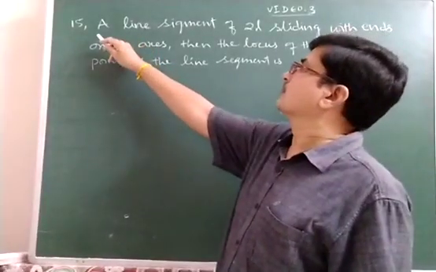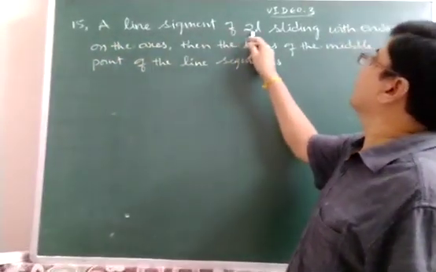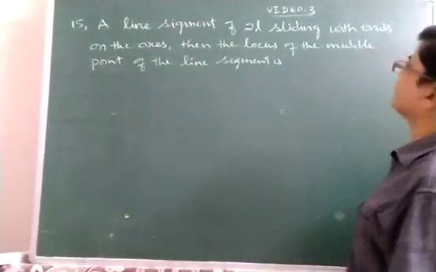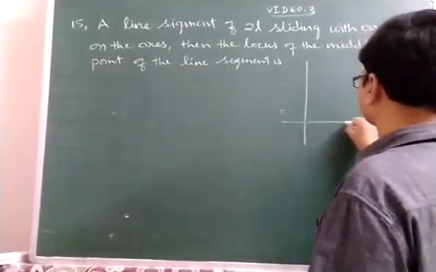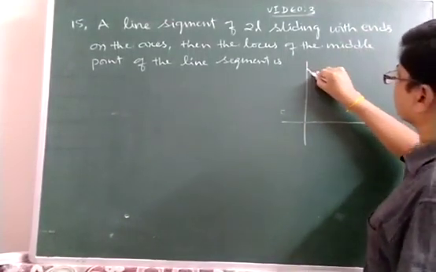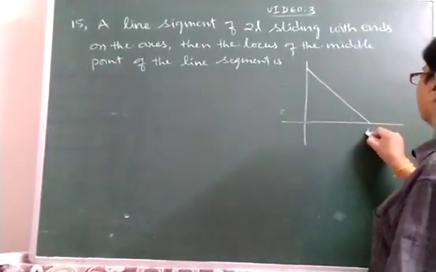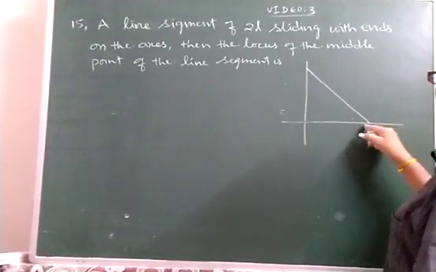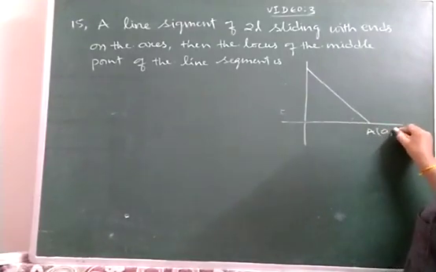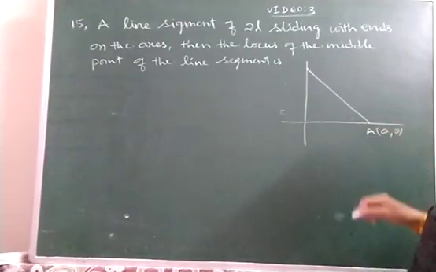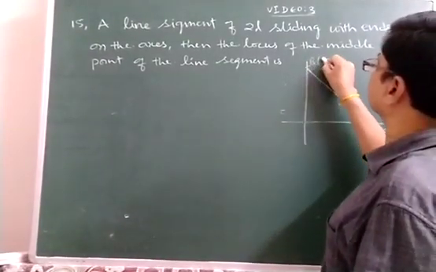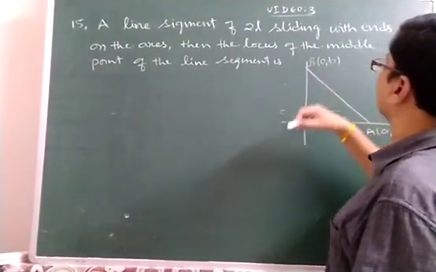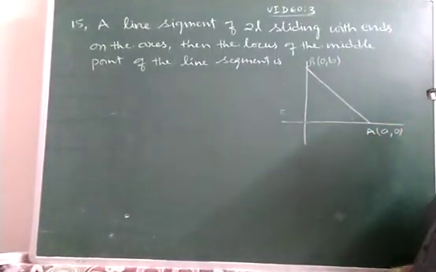Next, question number 15. A line segment of length 2L slides with its ends on the axes. That means these are the coordinate axes, and this is a line segment. One end of the line segment lies on the x-axis, so that's why A is (a, 0), and another end lies on the y-axis, so the coordinates are (0, b).